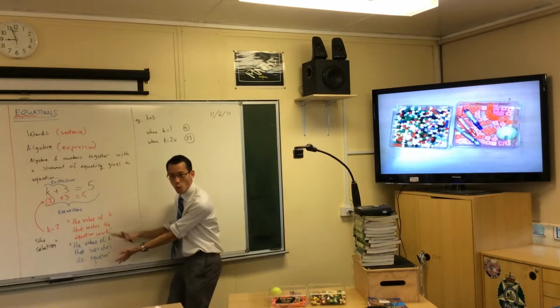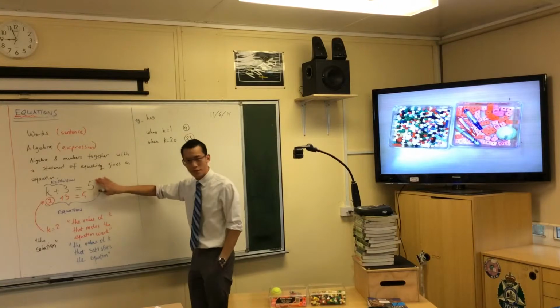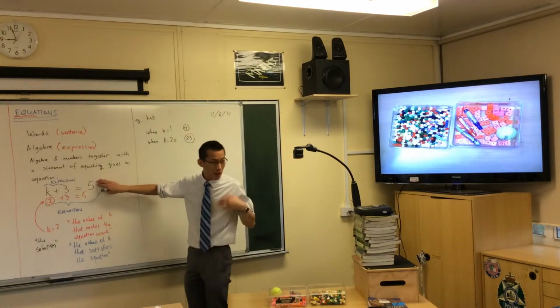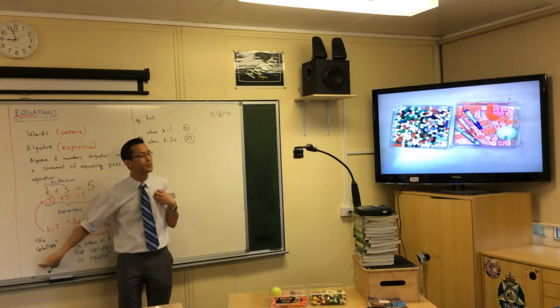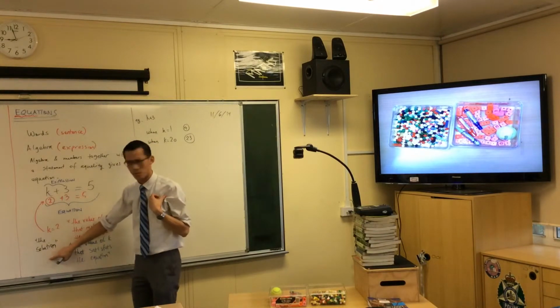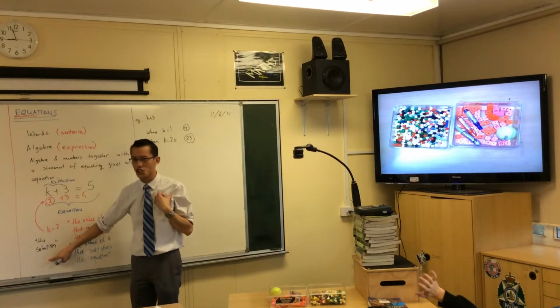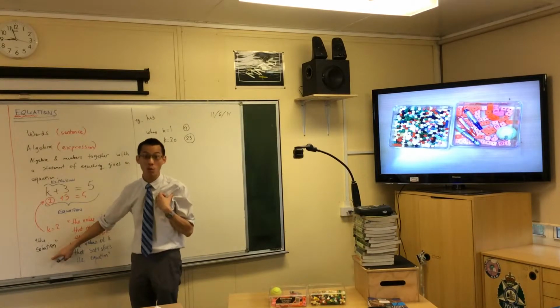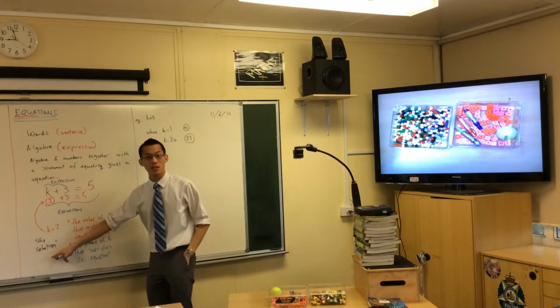But it's short for all of this. k equals 2 is the solution of this equation. The word solution is a noun. What's the verb that goes with solution? I think it's solve, isn't it? If you solve something, you get a solution.